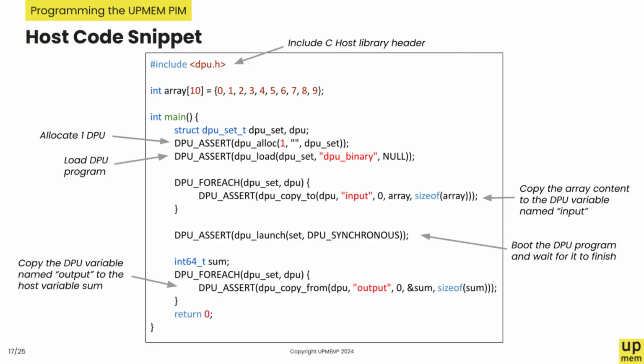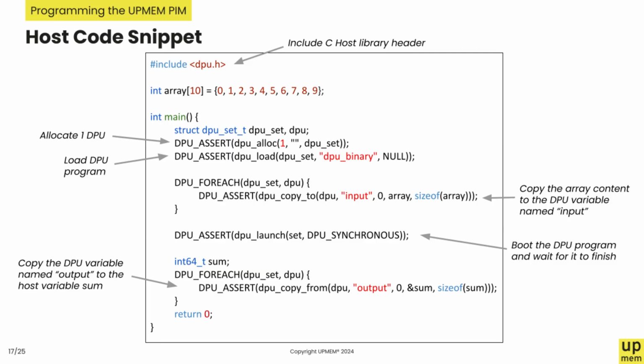And we are giving it the name of the variable as a string. How does the DPU do that? Well, when you load a program into the DPUs, the SDK will parse the ELF file of the program, will parse the binary, and will store the address of all the variables that it's allowed to communicate with.